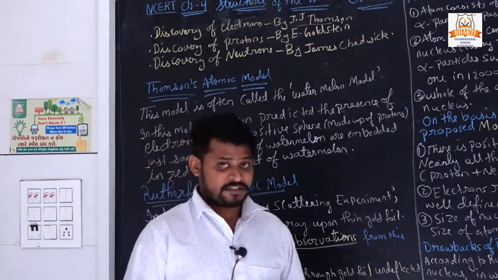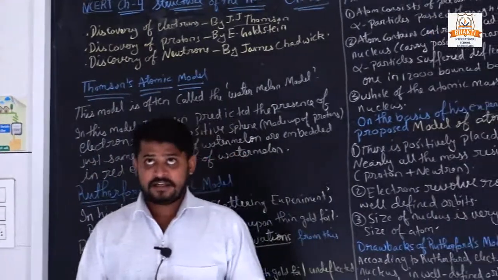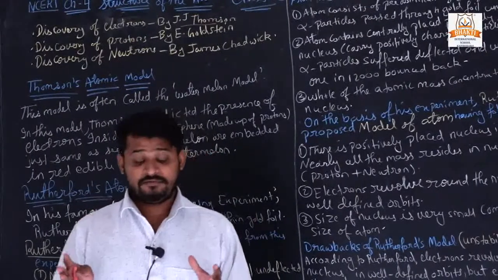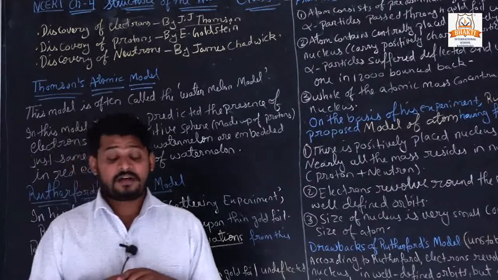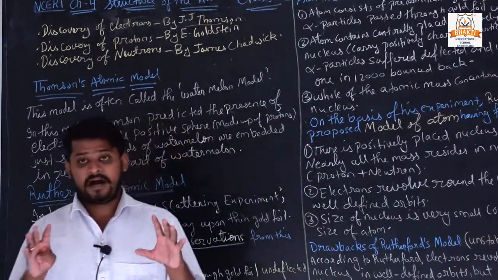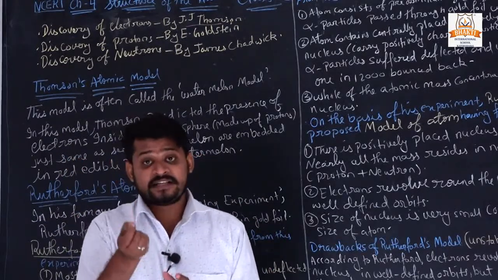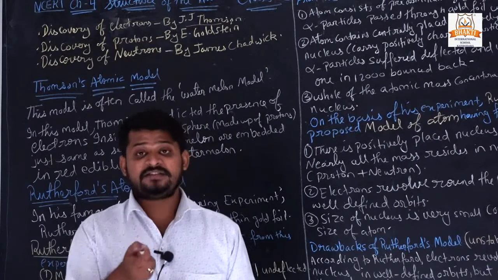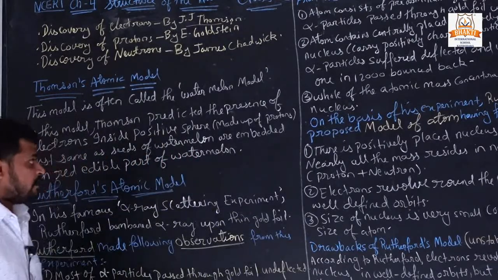What will we study here? First, Thomson explains that we should take a watermelon. When we see the watermelon, the whole structure is red, and the seeds, the black part, are embedded in the red part.